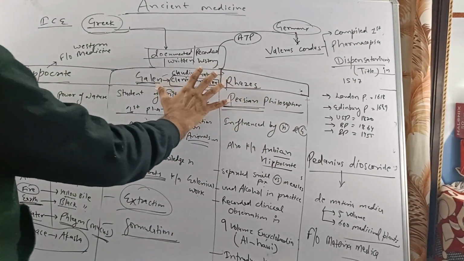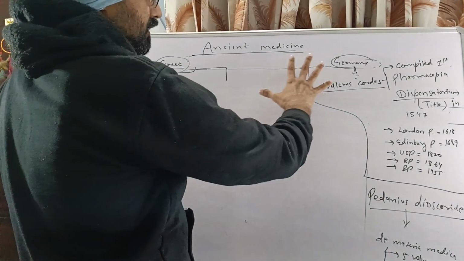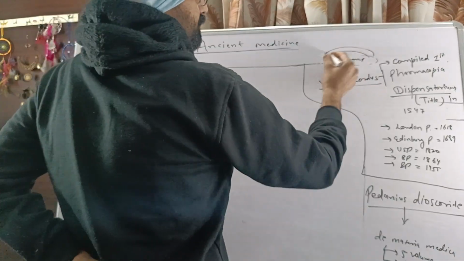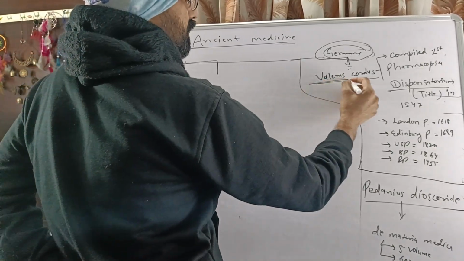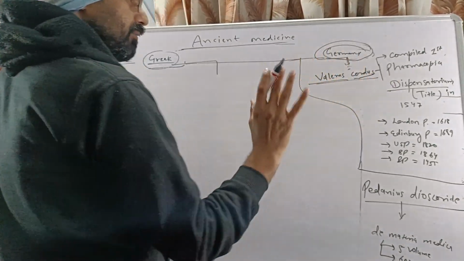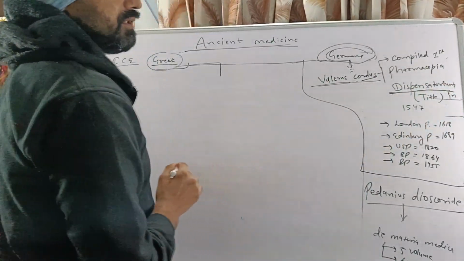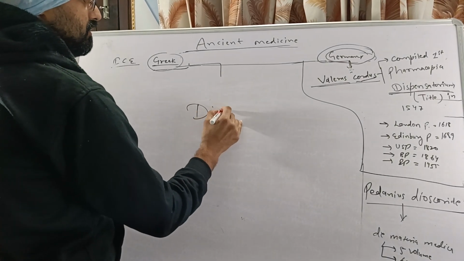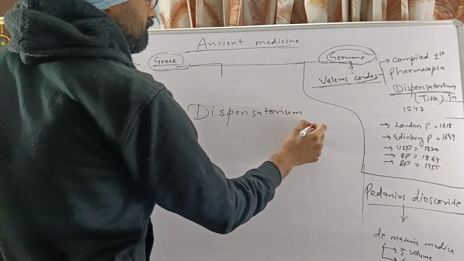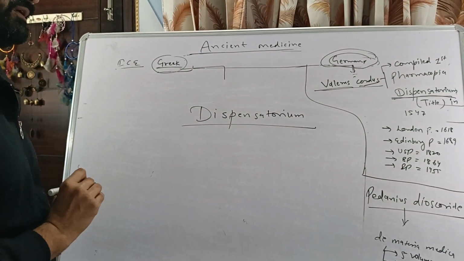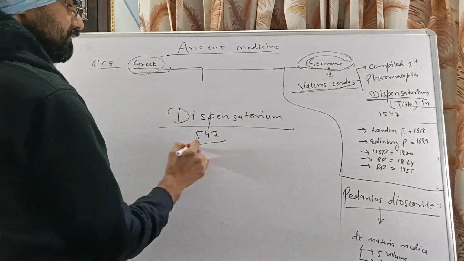At the end, after the Greek ancient medicine, in the case of Germany, there is Valerius Cordus. He compiled the first pharmacopoeia, whose title was Dispensatorium. This was the first pharmacopoeia, compiled by Cordus in 1547.